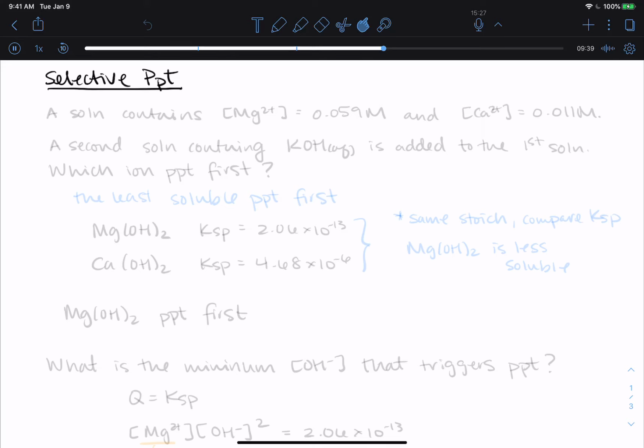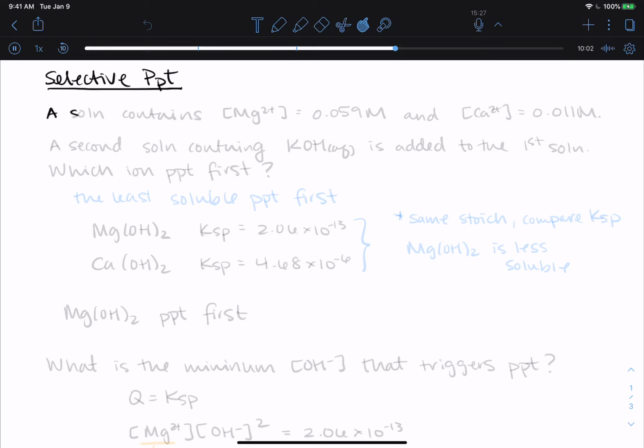This is possible. You'll have to look at ion pairings to get the ion that you want out of solution, and we have to look at which one is the least soluble to figure out which one will come out first. So let's do this through an example problem.